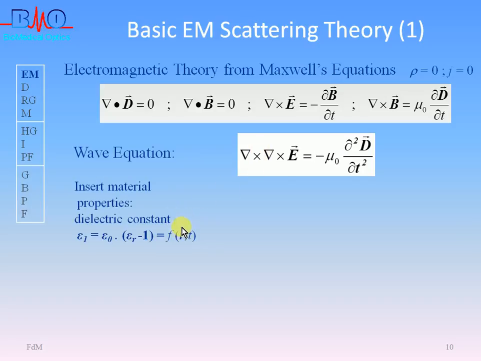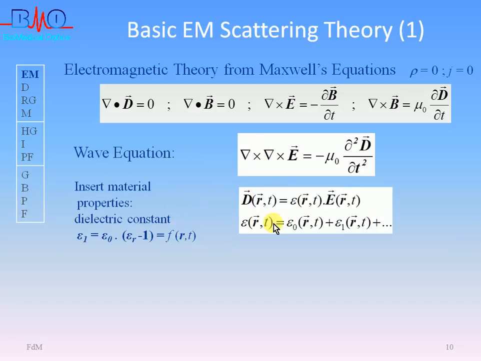Now we insert material properties. D as a function of r and t is epsilon times E, and epsilon is given by epsilon naught plus epsilon 1 plus epsilon 2, etc., but we will skip those higher terms. The fields are given by E0 incident, E1 scattered, and total.